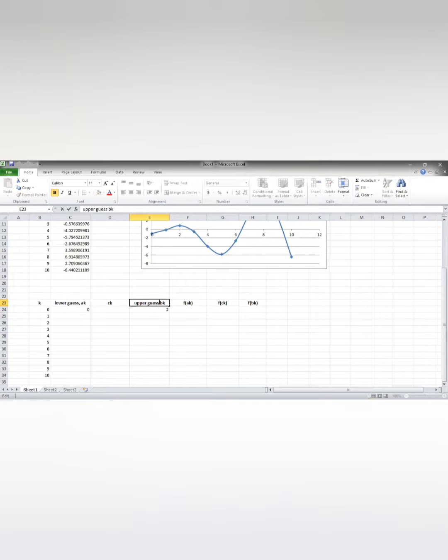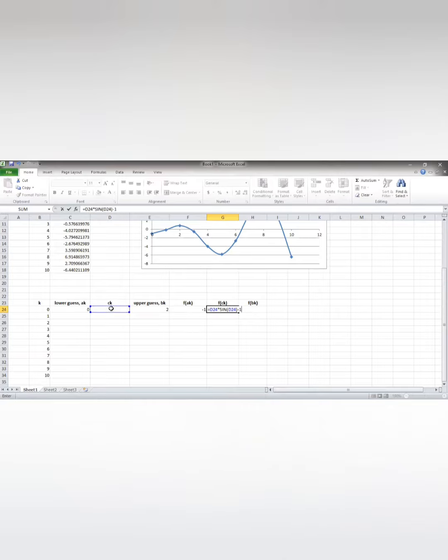Okay, so FAK is equal to x times sine. So double click the sine. So that is minus 1. So we have negative 1. The same with the function of C. So we have to click this cell times sine, double click the sine.